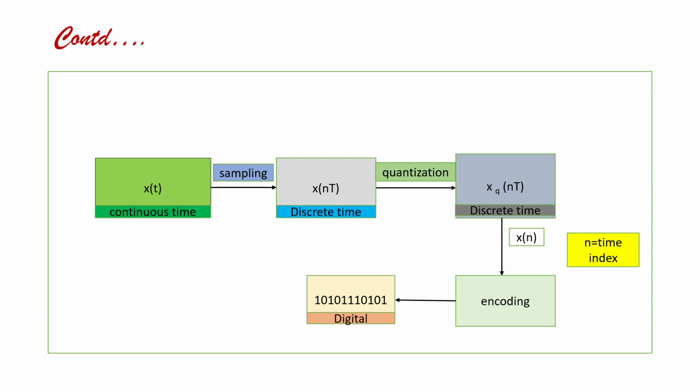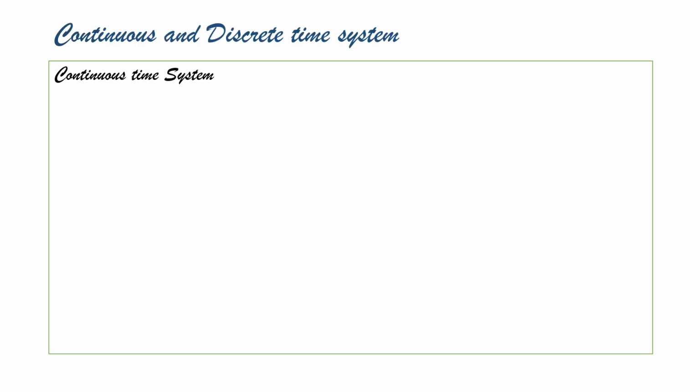So n is the time index, which I already discussed, and n is an integer and it varies from minus infinity to plus infinity. Now I discuss in this slide the continuous and discrete time system. First, I explain what is the continuous time system.